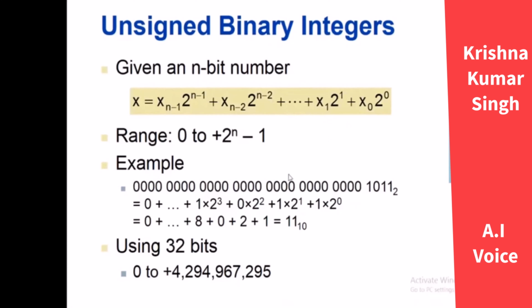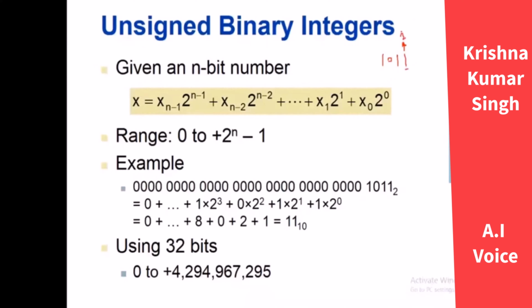Okay. Let's review some basic information about binary numbers. Unsigned binary integers: assume that we have a binary number, for example, 1 0 1 1. This one has 2 power 0 as the least significant bit, then 2 power 1, 2 power 2, and 2 power 3.